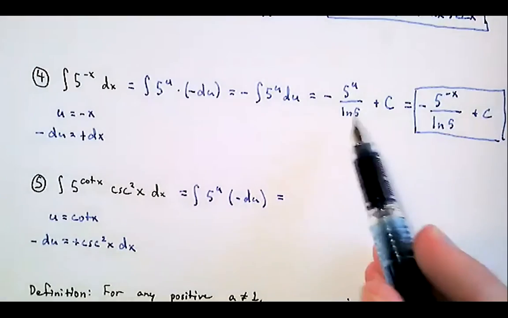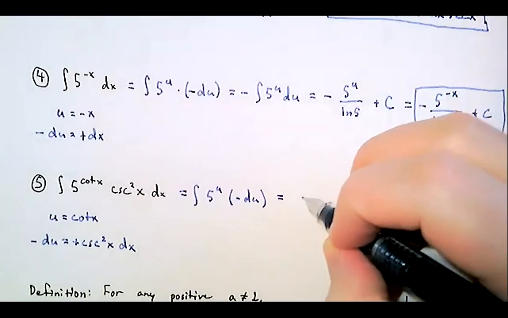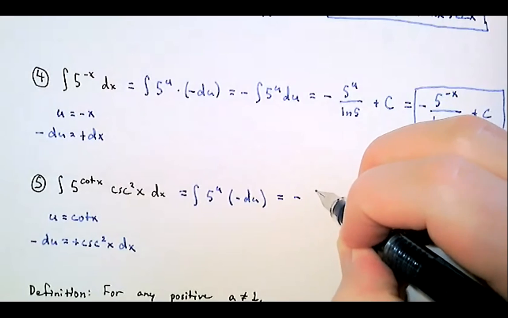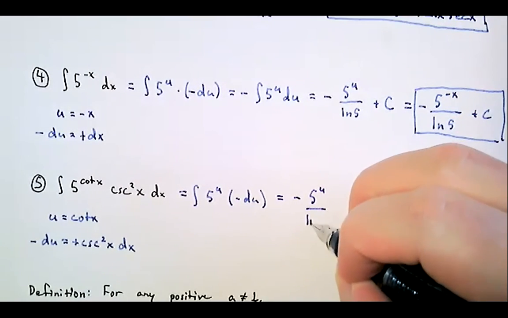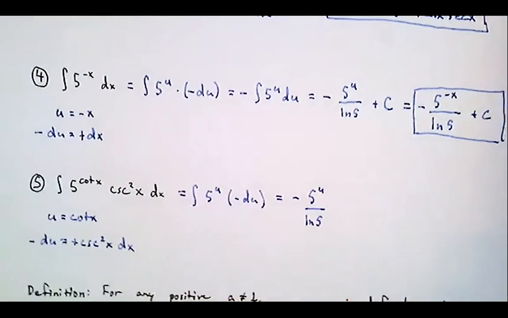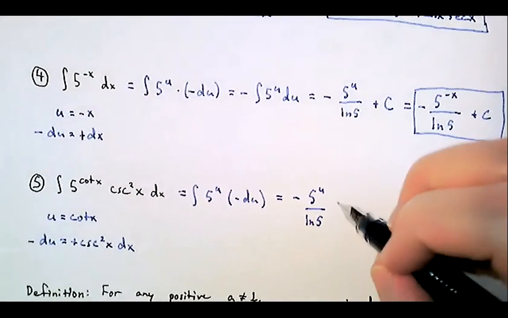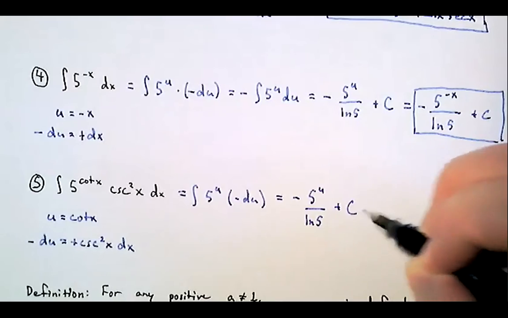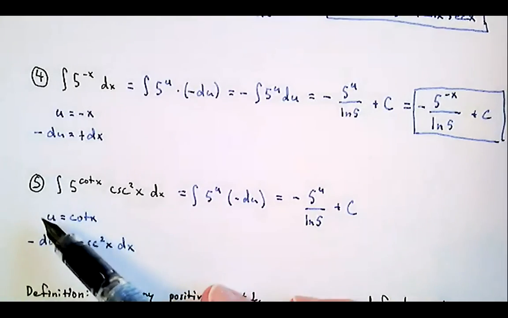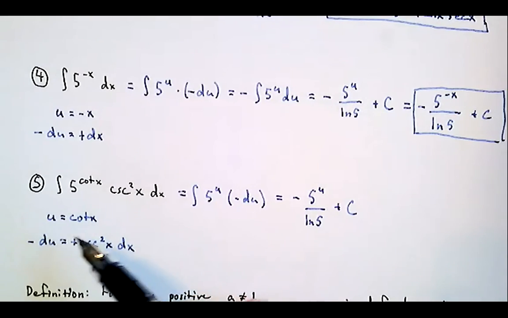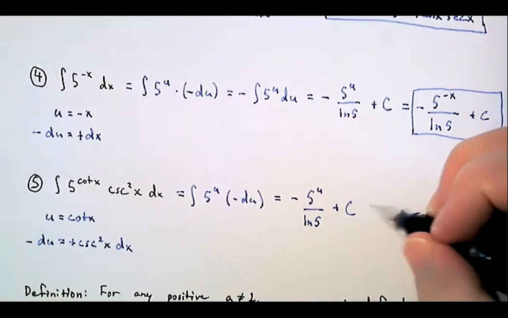So we have the same antiderivative, minus 5 to the u over the natural log of 5, and then add our constant, plus c, and finish off by substituting back in the cotangent x.